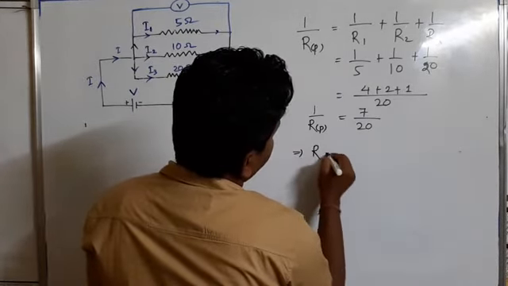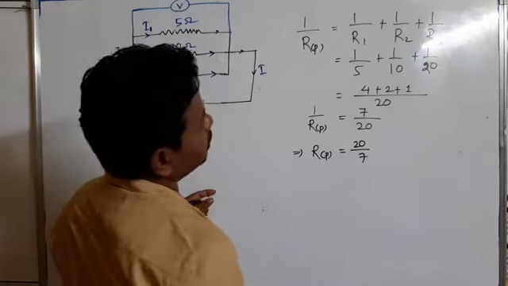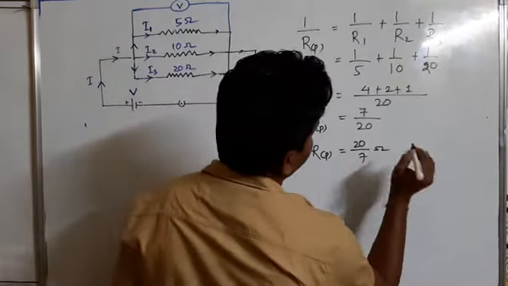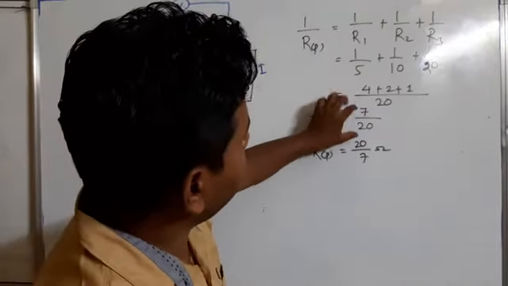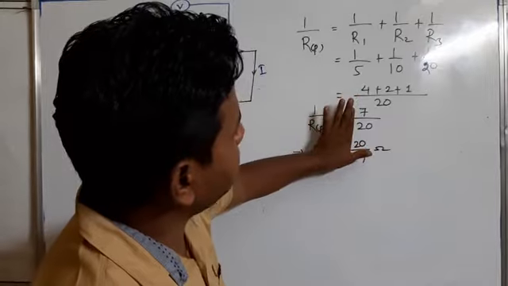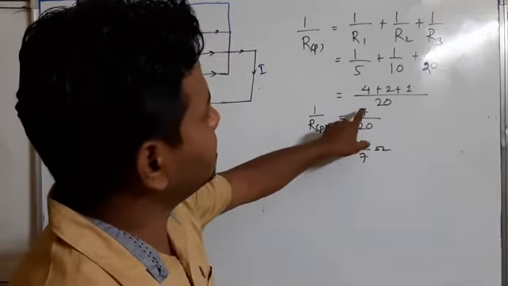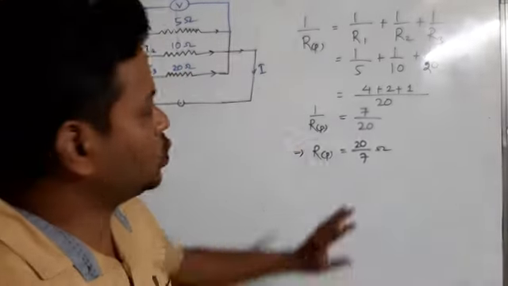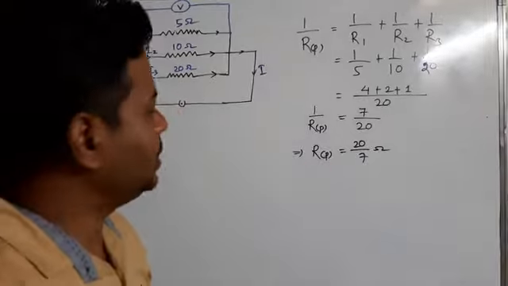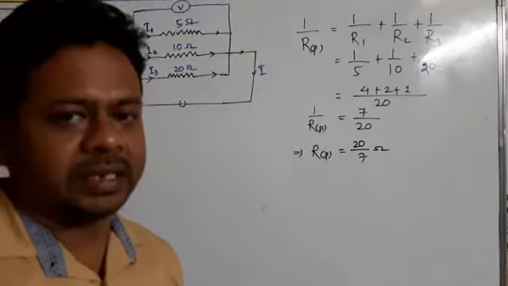Hence, what you have to find is Rp equal to, just take the reciprocal, 20 by 7 ohm will be the answer. Most students find up to this point and write Rp equal to 7 by 20. But it is wrong. 1 by Rp is 7 by 20. Rp will be 20 by 7. So again you have to take the reciprocal.